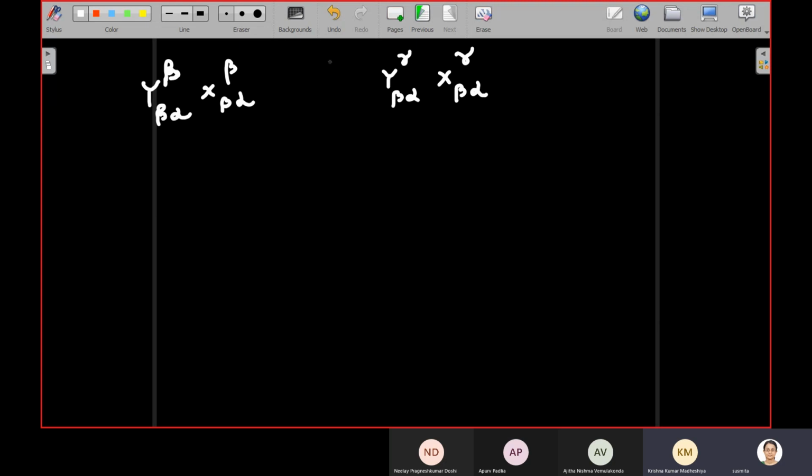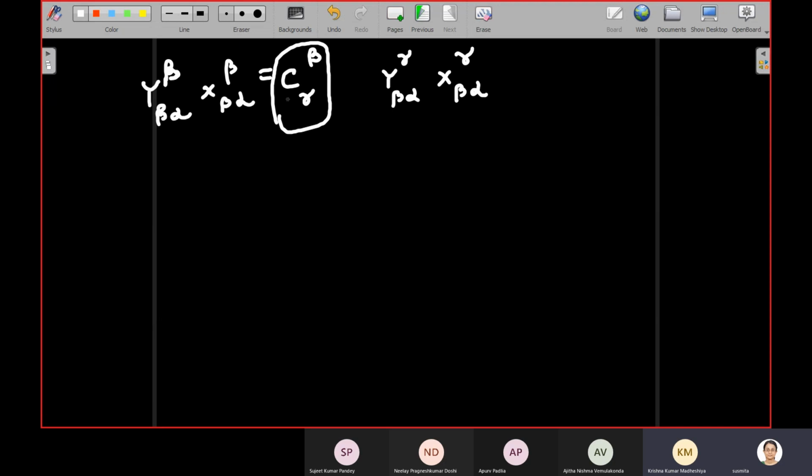So here we need to multiply the matrix from gamma to beta, right? And we want to find this one. We do not know this one.